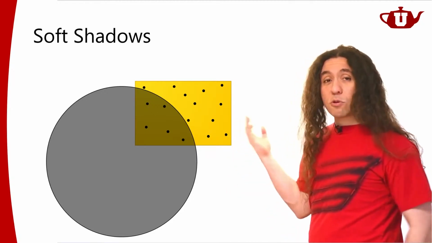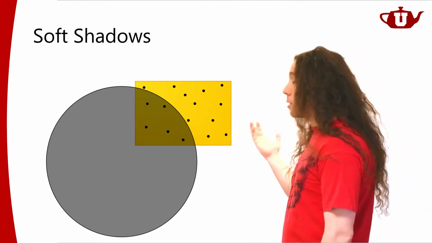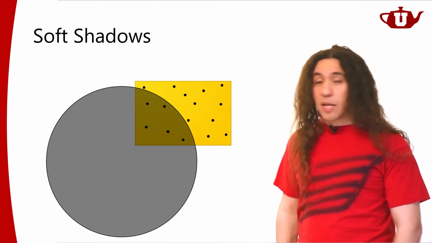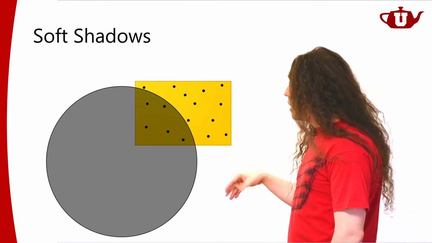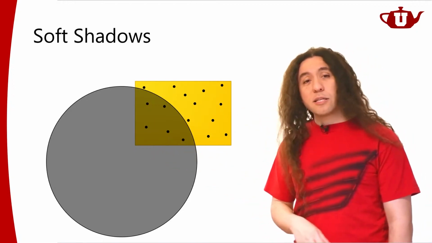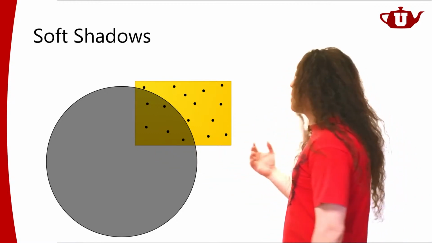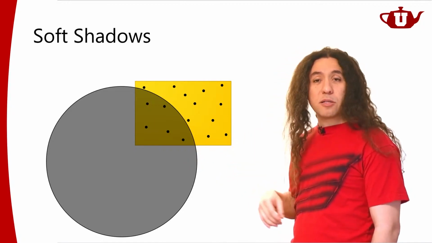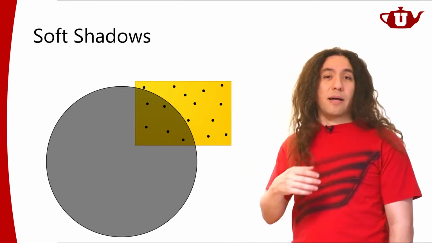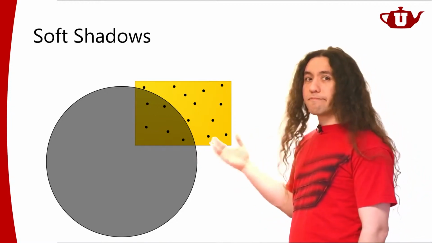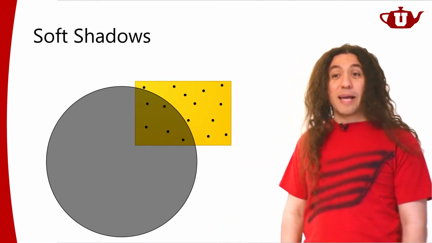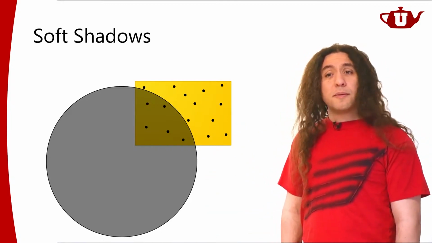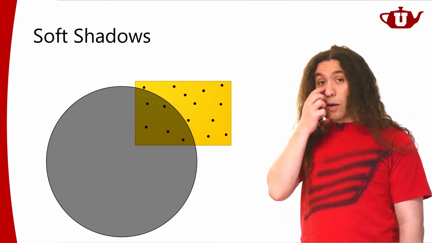And if they reach the light source without hitting anything, then I'm going to say, all right, they're not occluded, so I can see the light from those directions. And then I'm going to count. How many of them reached the light source? How many of them did not reach the light source? Then I can approximate what percentage of this area is visible, right? So I'm just approximating it by counting the number of rays that ended up on the light source. Fairly simple. A good approximation works actually fairly well.